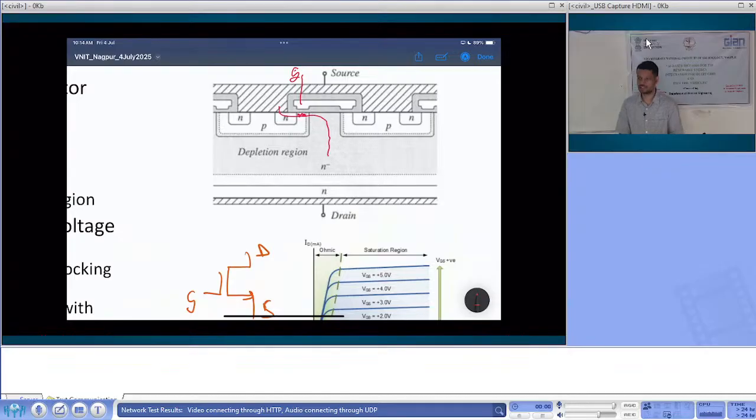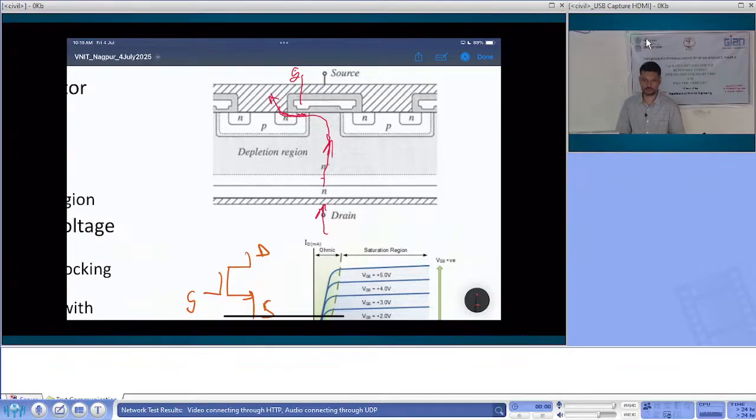This is called an N-channel MOSFET because electrons create the channel. If holes create the channel, we'll call it a P MOSFET. This is a vertical structure, so the current enters from the drain, goes through the depletion region, which is a big region, then goes through this small channel, then goes through this N and comes out at the source.